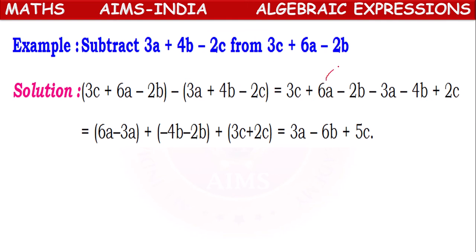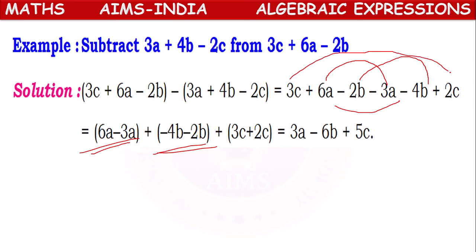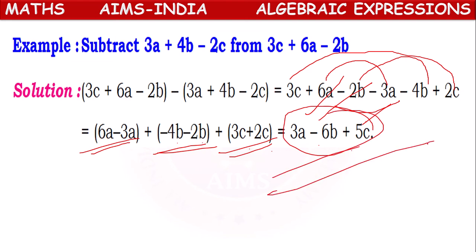So in this, 6a minus 3a, like terms, to be kept in bracket; minus 2b minus 4b to be kept in bracket; 3c plus 2c to be kept in bracket. 6a minus 3a, 3a; minus 4b minus 2b, minus 6b; 3c plus 2c, 5c. Like this we will get the answer.